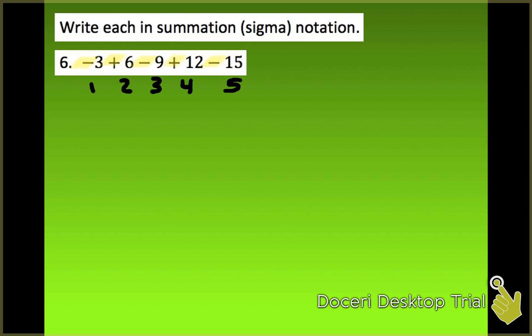I think I stated in one of the other videos that this is called an alternating sequence, and in this case it's going to be a series, an alternating series, because you have positive, negative, positive, negative, positive, negative. So when you see one of those, you need to know that the first thing you're going to do is put a negative 1 and determine, are you starting with a positive or a negative?